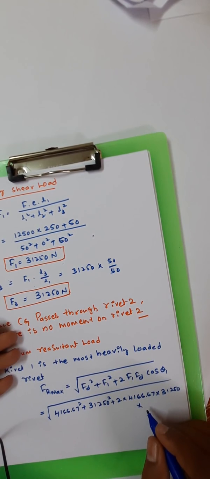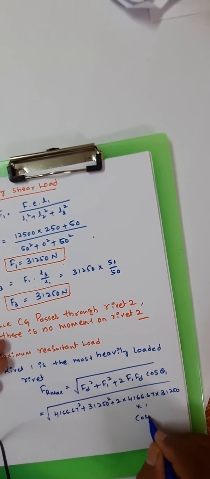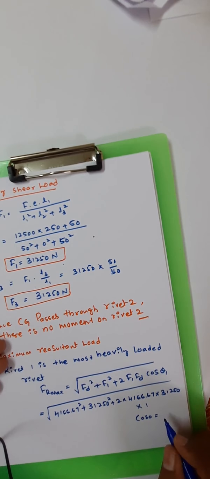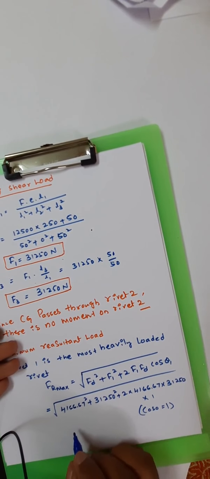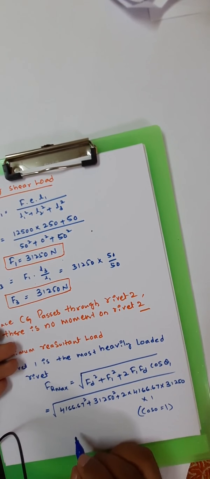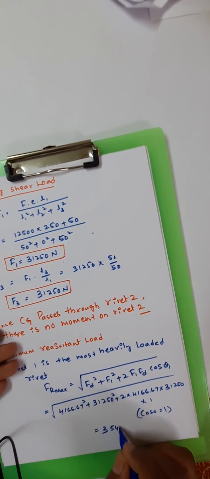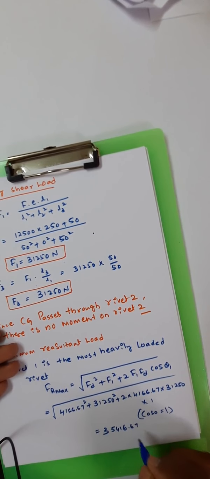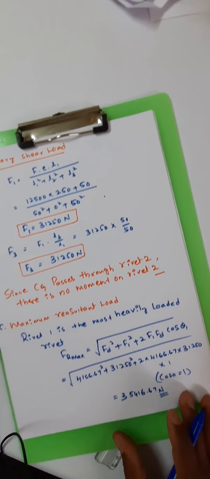So if you substitute these values into this equation and simplify, we will get around 35,416.67 newtons. This is the value.